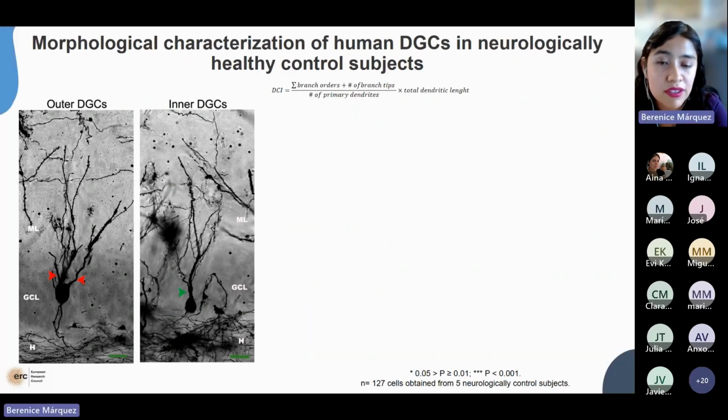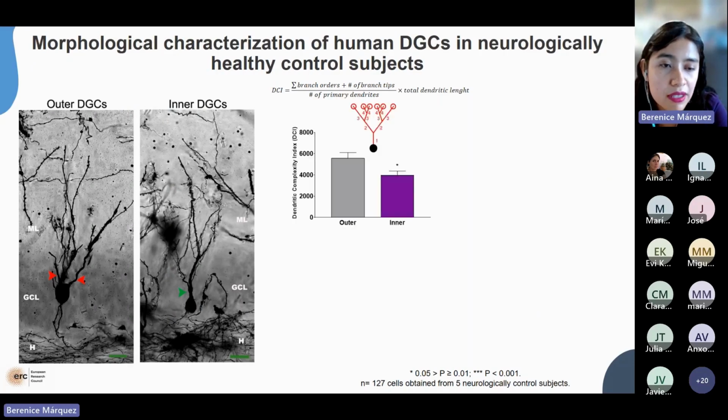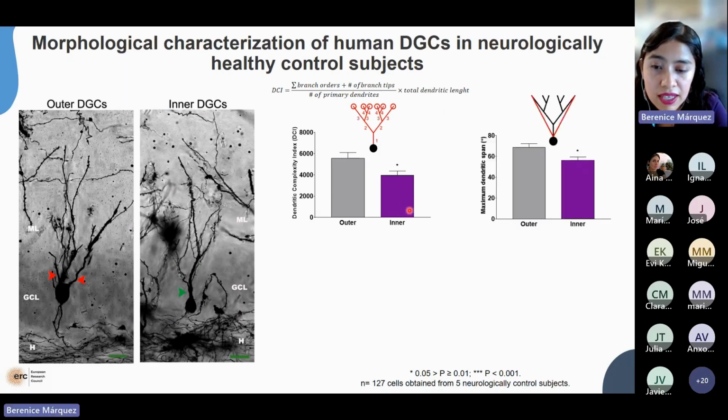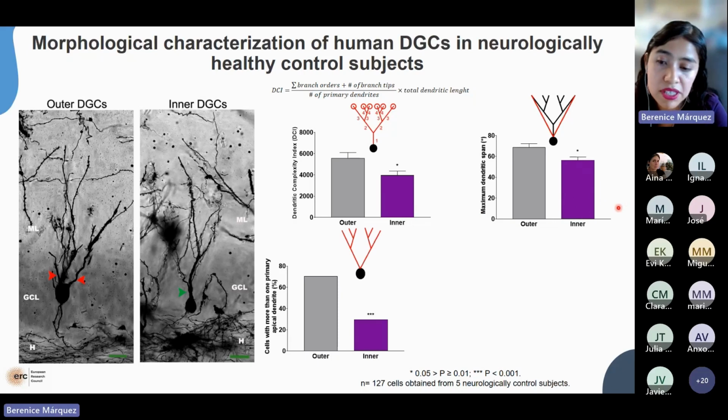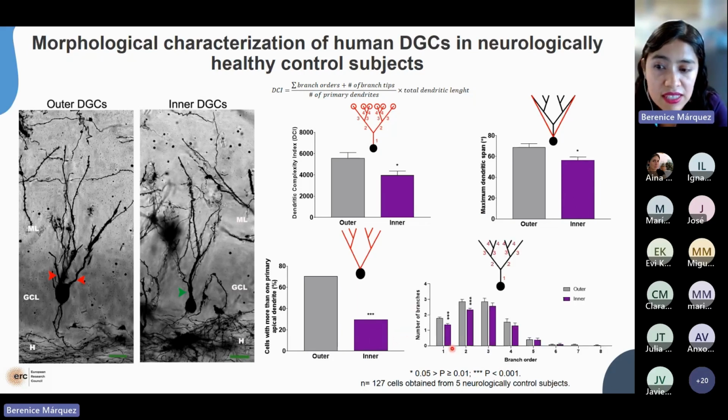The analysis of the dendritic complexity index revealed that the inner dentate granule cells present less complex dendritic trees and a smaller dendritic span than outer dentate granule cells. Interestingly, a reduced percentage of cells with more than one primary apical dendrite was observed in inner dentate granule cells, which is consistent with fewer dendrites in the proximal branches, without modifications in distal branches between groups.